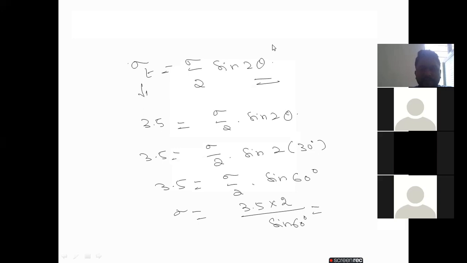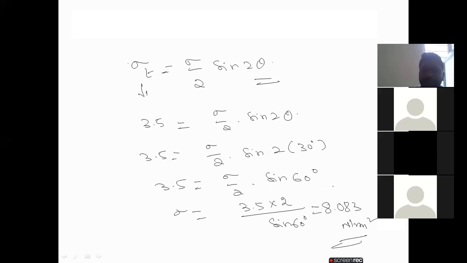VBEC 101, your answer is right. Aishwarya, yes, you are right. Kiran, you are right. Thank you for observing the question neatly. So the answer is 8.083 Newton per mm square.